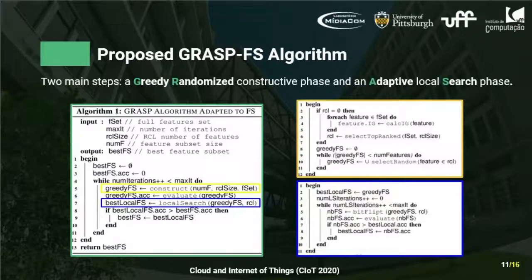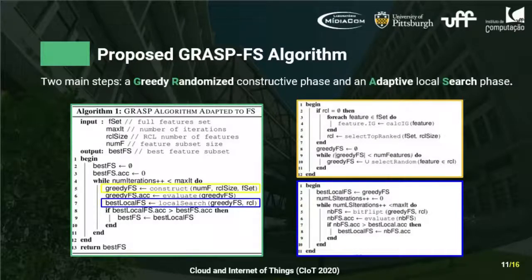After this ranking, we will select only the top ranked features to compose a restricted candidate list of features, that is our RCL. After having an RCL, this step should not be repeated. We will keep this RCL for all GRASP iterations.